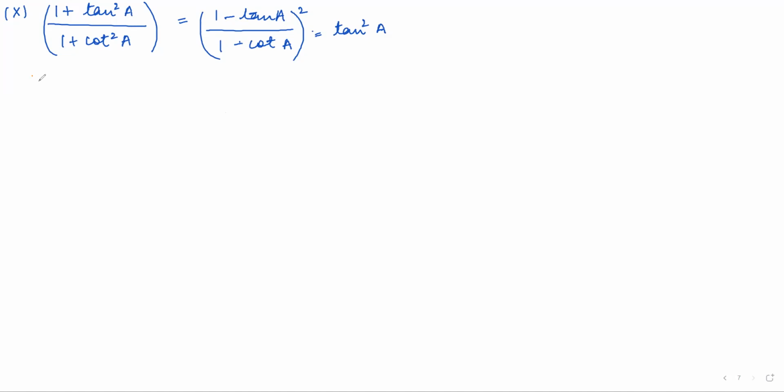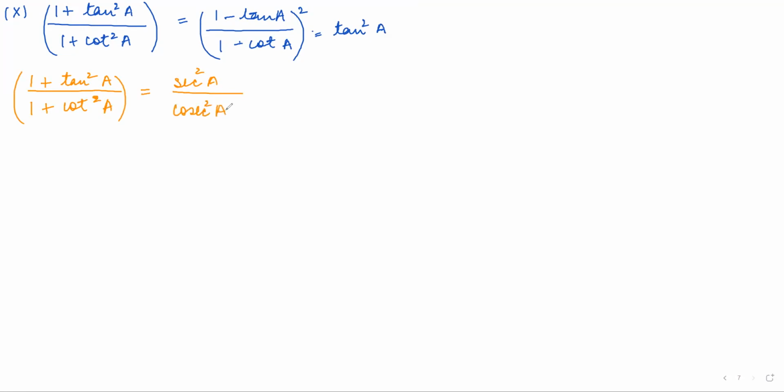The first one, 1 plus tan square A and then divided by 1 plus cot square A. See, this is direct. Use the identity. 1 plus tan square A is sec square A, right? And 1 plus cot square A is cosec square A, right?